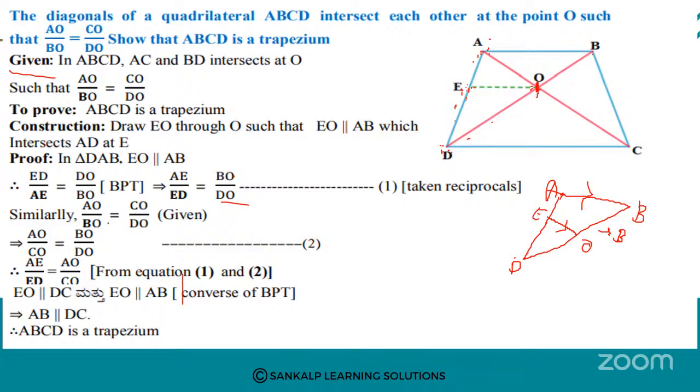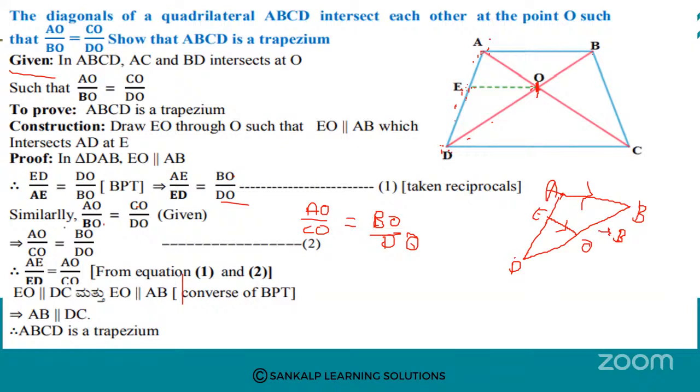It is given. Next, transfer this CO to this side, BO to this side. Again, writing, AO divided by CO is equal to BO divided by DO. Right? Now, call this as equation number 2. Now from 1 and 2, 1 is AE divided by ED and BO divided by DO.